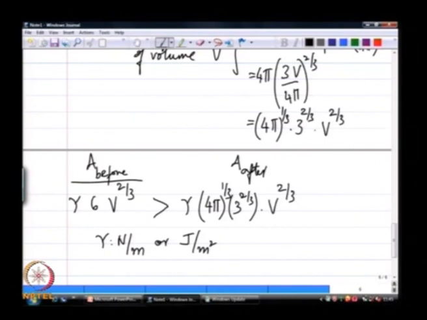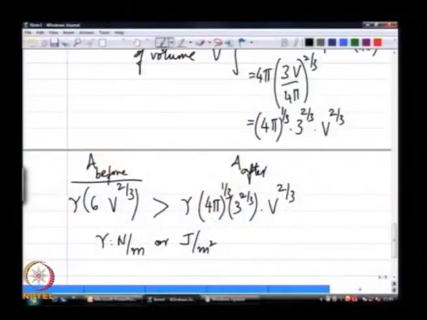So, the cube had gamma times 6 times V power 2/3 joules of energy. The same cube of liquid after it becomes a sphere has gamma times this much, the 4 pi power 1/3 times 3 power 2/3 times V power 2/3 amount of energy.